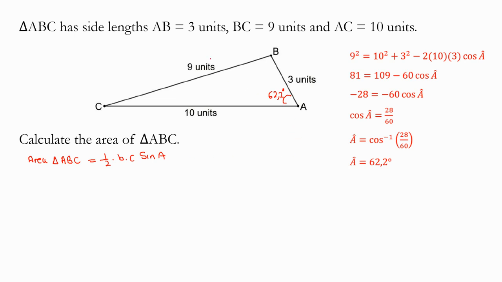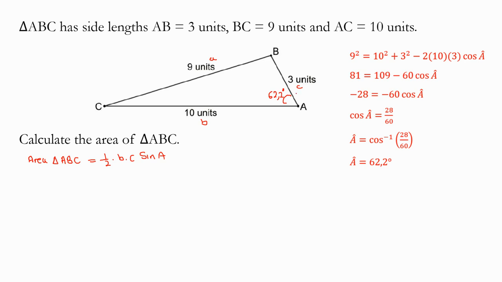So this side is A, this side is B, this side is C. Okay. So if we had angle C here, it was going to be what? It was going to be half AB sine C. If we had the angle B here, it was going to be half AC sine B.